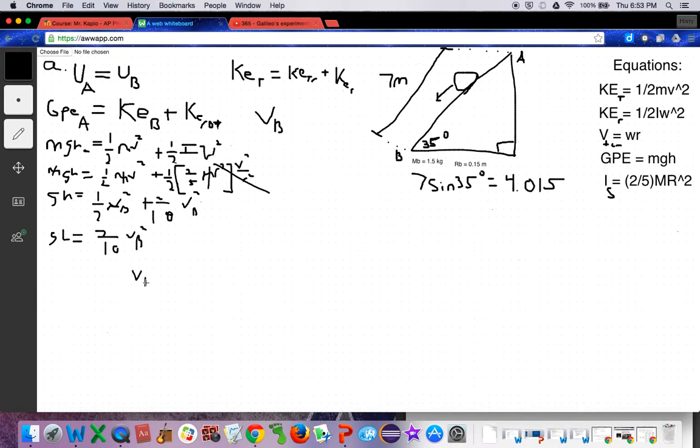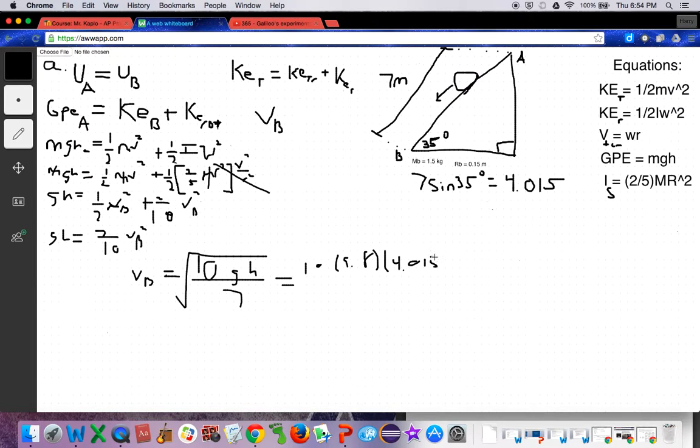Solving for the velocity of B, we see that it equals the square root of 10gh over 7. Plugging in the numbers, I hope you guys know that gravity is 9.8 meters per second squared for the acceleration. And we found height by using some trig up in the corner, which I've already solved.